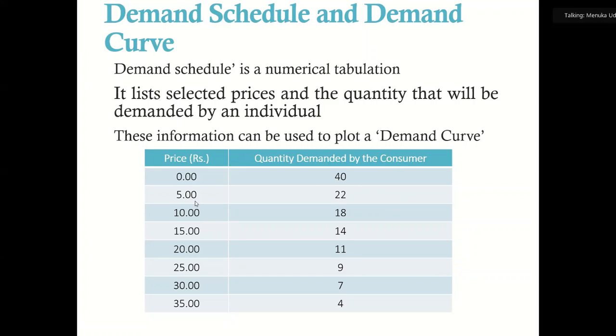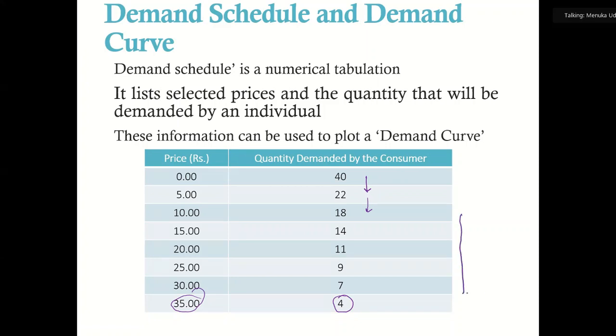You can see when price increases, it affects the quantity demanded. When price is zero, let's say potatoes are given free, then consumers demand 40 units. When price increases to 5, the quantity reduces. 10 goes down to 8 units. If it goes all the way up to 35 rupees per kilo, then the quantity goes down to 4.